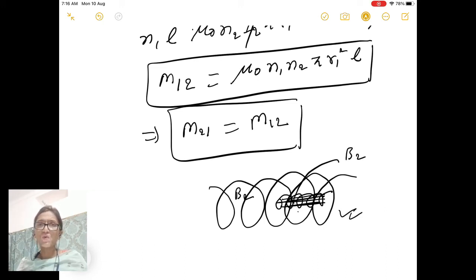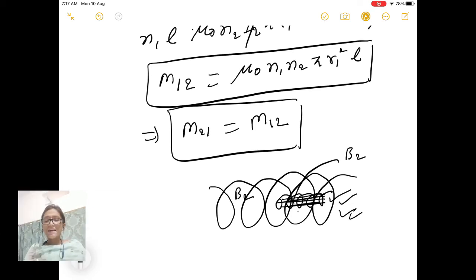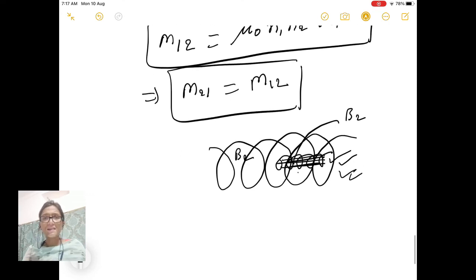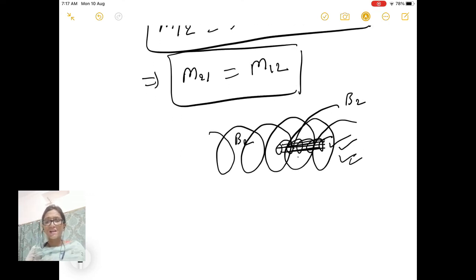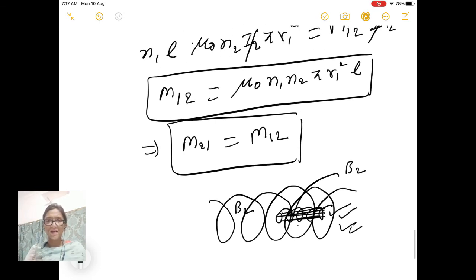So you need to find the mutual inductance through the inner solenoid, and you can easily say that this is the mutual inductance of outer solenoid 2. The idea of mutual inductance being mutually generated is very helpful. Now this mutual inductance has been obtained for a solenoid, but this is a general solution. You can use this solution in other cases too.